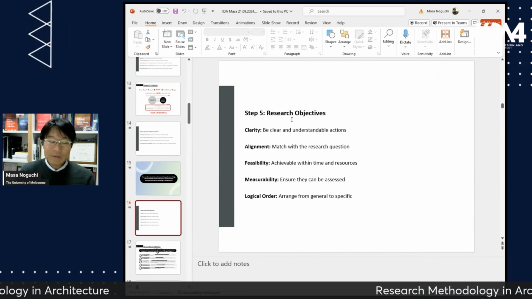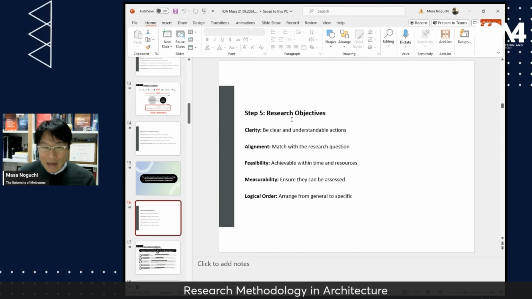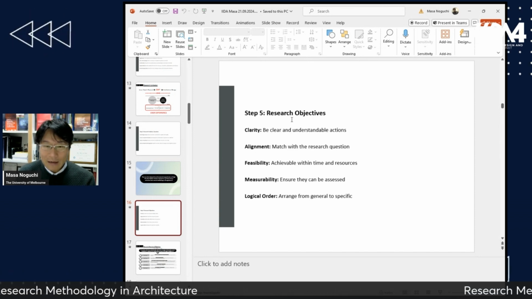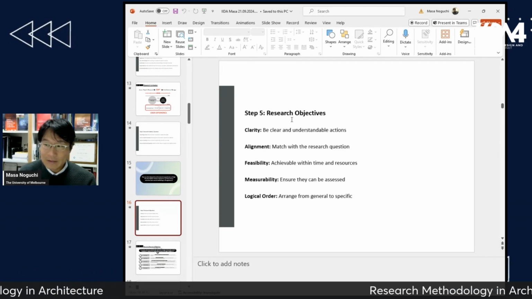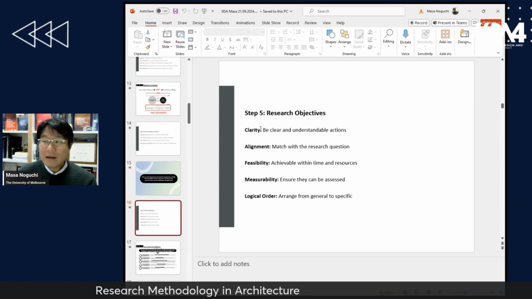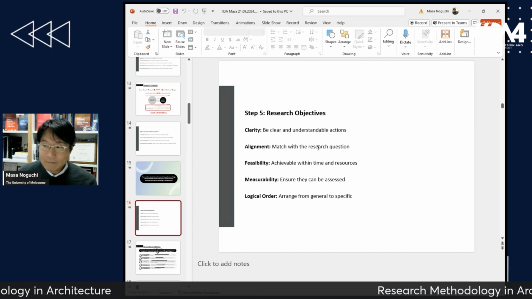Research objectives are more of an action plan. In order to answer the research questions, we need to take actions, activities and actions. So these actions need to be clarified and aligned with the research questions, obviously.